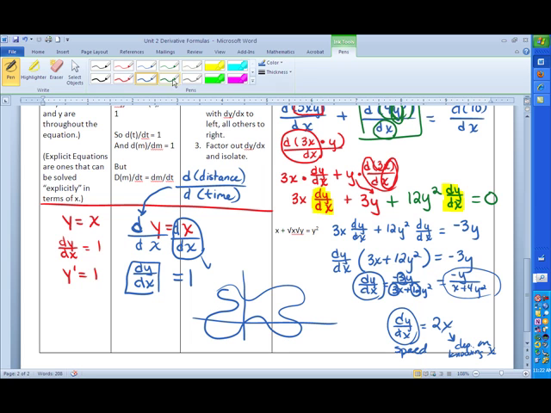If I wanted to know your speed at this point right here, maybe this is 5, if I wanted to know how fast you were going at location 5, it's not necessarily time. The problem is, I don't know if you want that speed, this speed, this speed, or this speed.